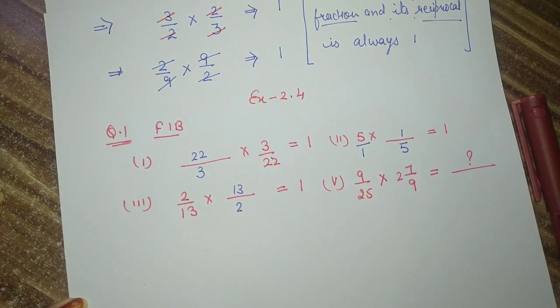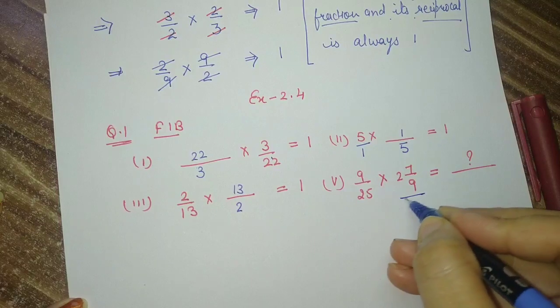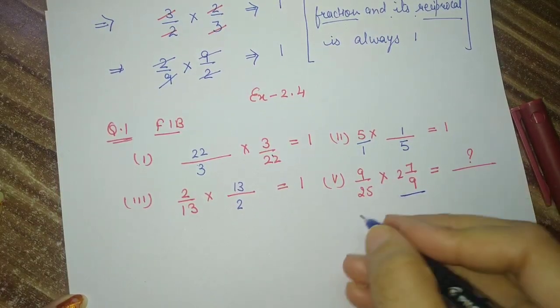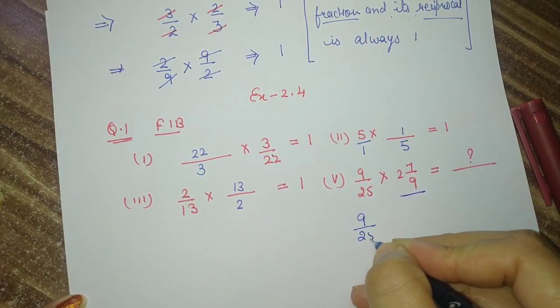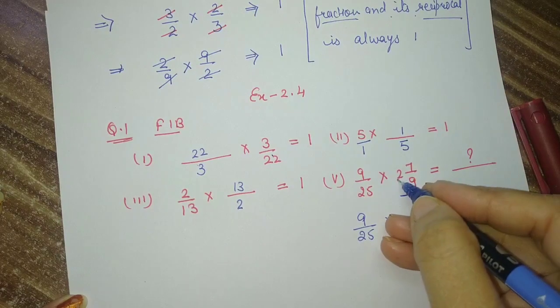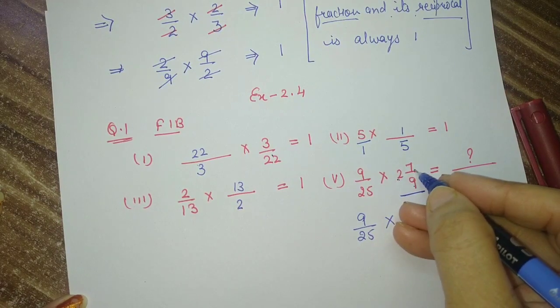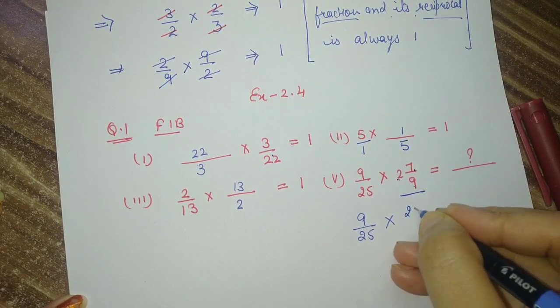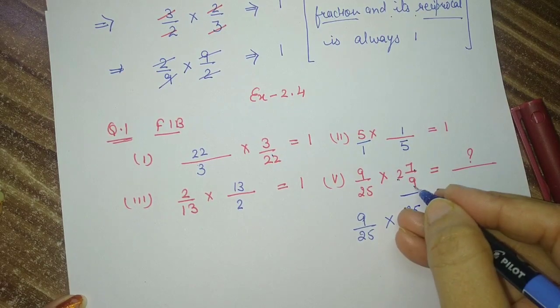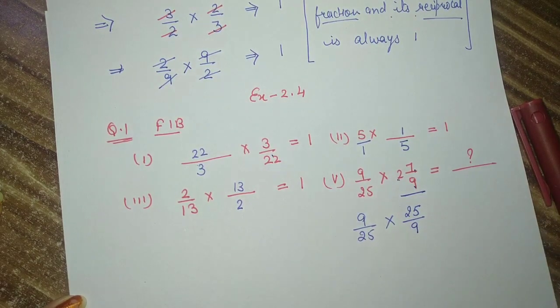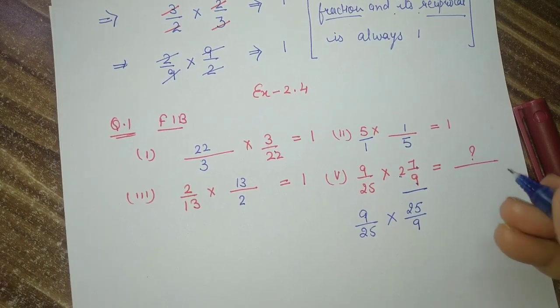No need to confuse. First of all, convert the mixed fraction into an improper fraction. So 2 7 by 9: 9 twos are 18, 18 plus 7 is 25, and the denominator will remain the same, 9 only. What do we observe from here, students?